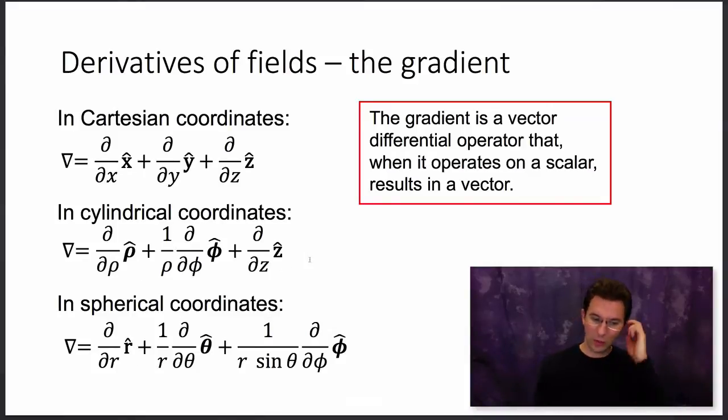In your text, you'll be able to reference these. In other words, they're in the back of Sadiku, if I remember correctly. So you don't have to memorize them, but you do need to recognize that if you're working in Cartesian coordinates, you need to use this definition for the gradient. If you're working in cylindrical, you need to use this. And if you're working in spherical, you need to use this one.